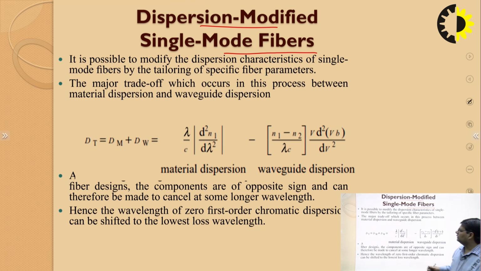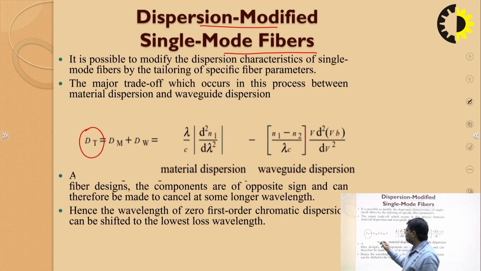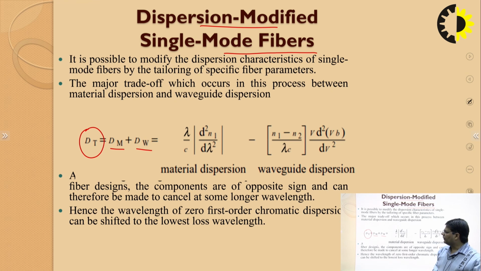Let's see the total dispersion for a single mode fiber. We know that in the single mode fiber the total dispersion is mainly given by the material dispersion, then we have waveguide dispersion, and sometimes we also have the profile dispersion, DP.